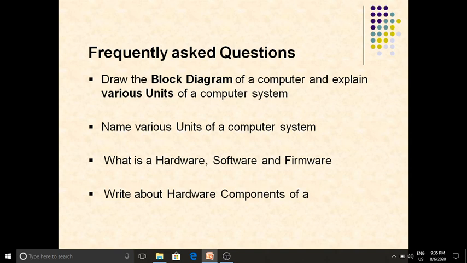Next, name various units of a computer system. What are the various units of a computer system? You have to name them. What is hardware, software and firmware? Write about hardware components of a computer. So students, these are the frequently asked questions in the end exams.